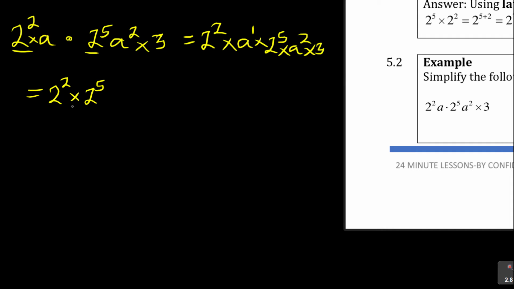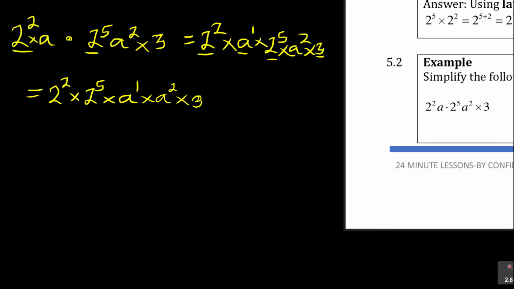So if I continue, it's 2 squared times 2 to the power 5. You bring them together, you rearrange. And then you focus on a, which is times a to the power 1, and that one is times a to the power of 2. And the last one left is times 3.